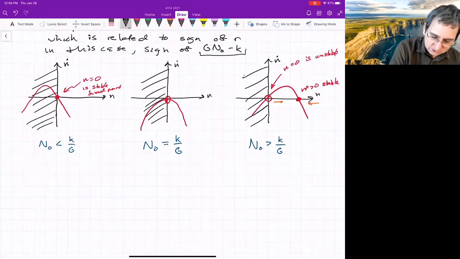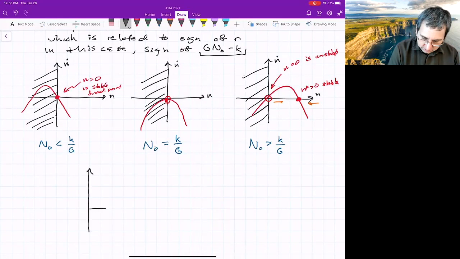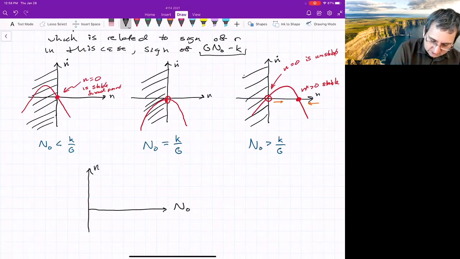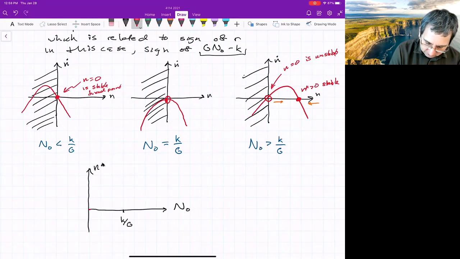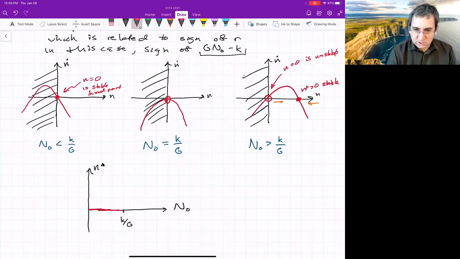Okay, so this is what we expect for the bifurcation diagram for the laser. We can plot n naught, and this will be n star. The bifurcation point happens at k over g. Before that, we've got that 0 is a stable point, and there's no other points. And it's kind of like there's this ghost equilibrium point that comes out of nowhere and kind of shoots up there.